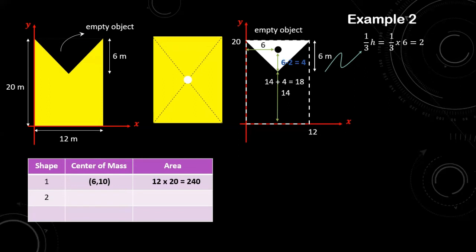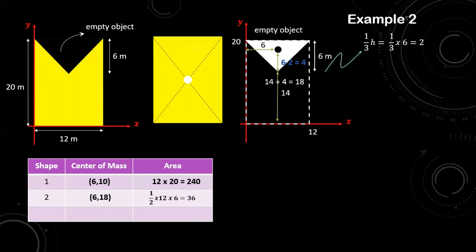Total center of mass for the y component of this empty object is 14 plus 4 meters. And finally, we found 18 meters. Right, everyone? Okay, so now we're going to complete the table. Center of mass is 6, 18, and the area is a half times 12 times 6. We found 36 square meters for the area of the empty triangle.